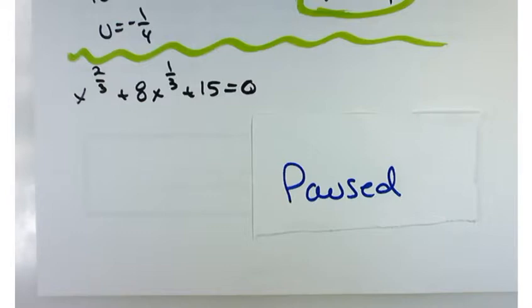So cube both sides of the equation. This is essentially what that means. Essentially, this is the cube root of x.